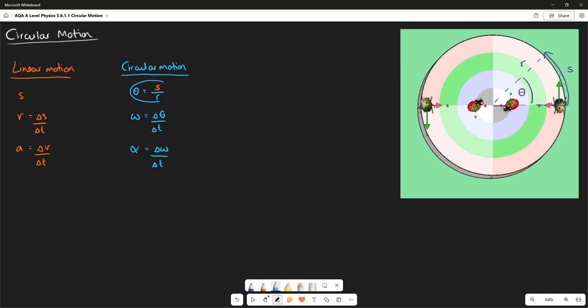We can substitute this equation in here. When an object is moving in a circle, it is the angle and the displacement that changes.